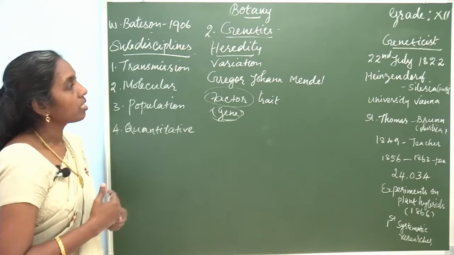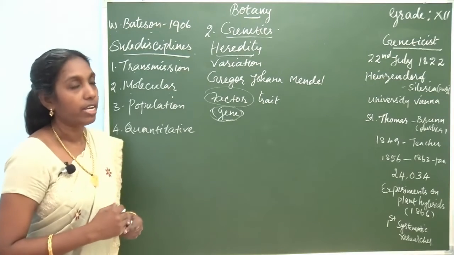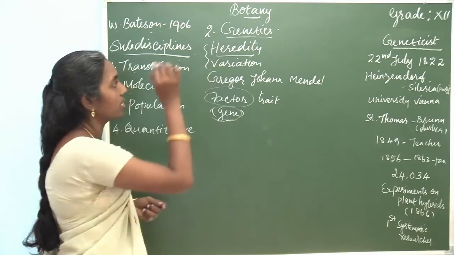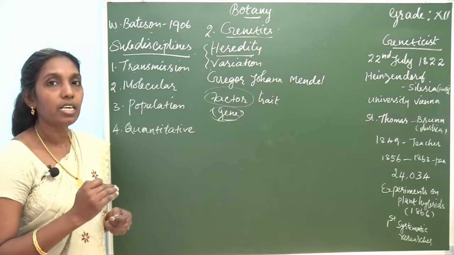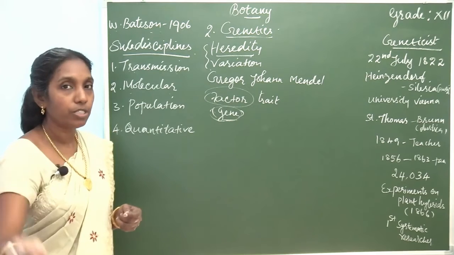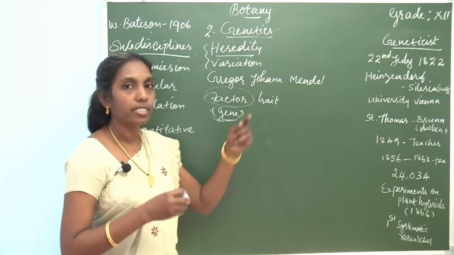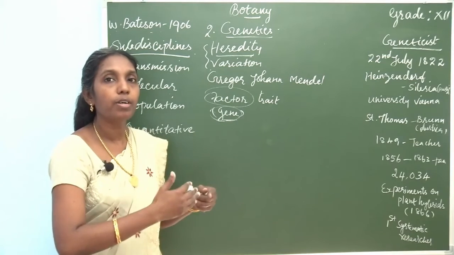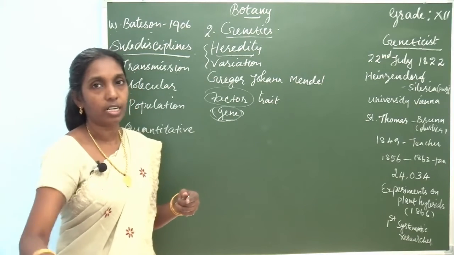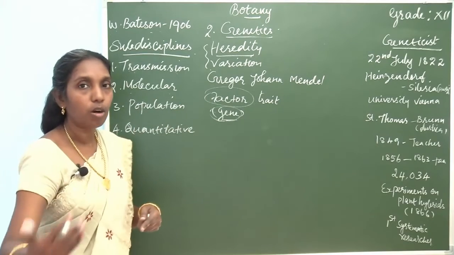What is heredity and variation? There are three important words: heredity and variation. Heredity is the transmission of characters. Under heredity, hereditary characters are transmitted from generation after generation, from the parent to the offspring.